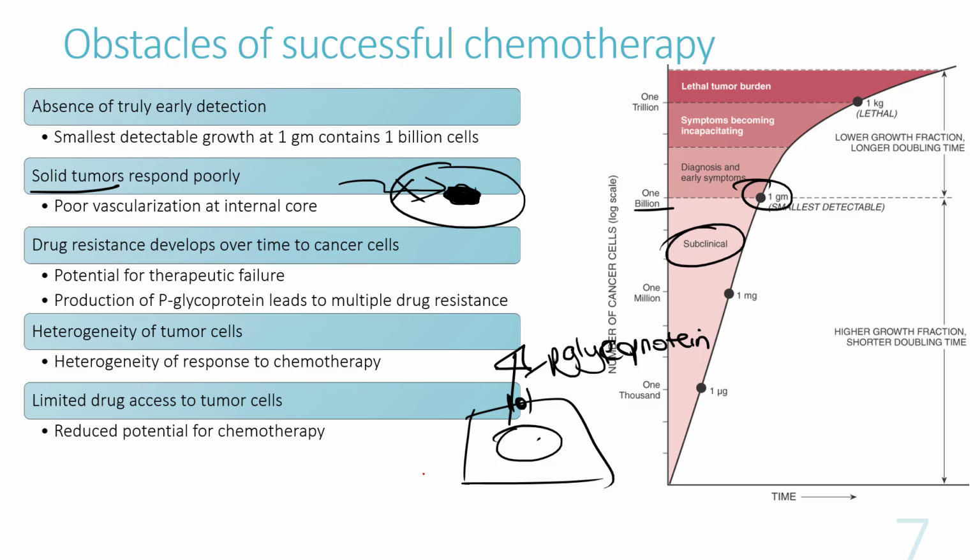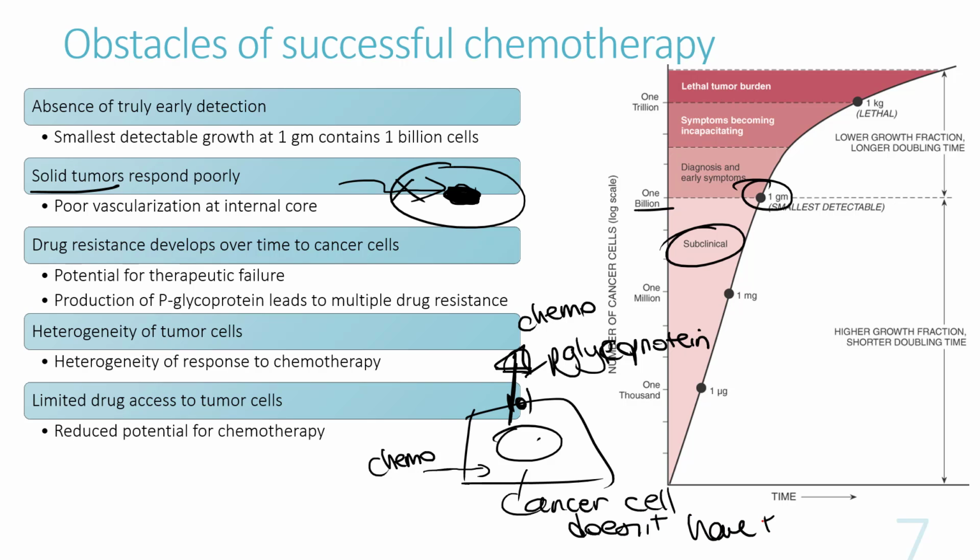And so you can imagine if you've got a chemo drug entering into the cell, the P-glycoprotein will actually kick the chemo drug out. And so the cancer cell doesn't have the chemo drug in it, so it can't be killed, right? So this is a potential for therapeutic failure. Obviously, if the chemotherapeutic drug doesn't stay in the cell, it can't actually do its job.